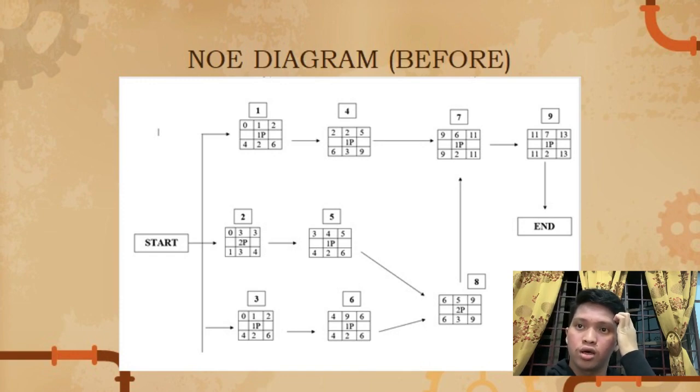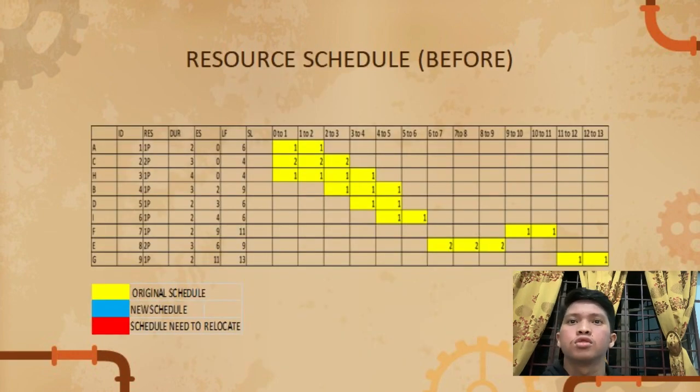After we have made the NOE diagram and the flow, we transfer it into a table where we identify the resources, the duration, the early start, the early finish, and also the late finish. From that we can know how many resources are needed during the duration.